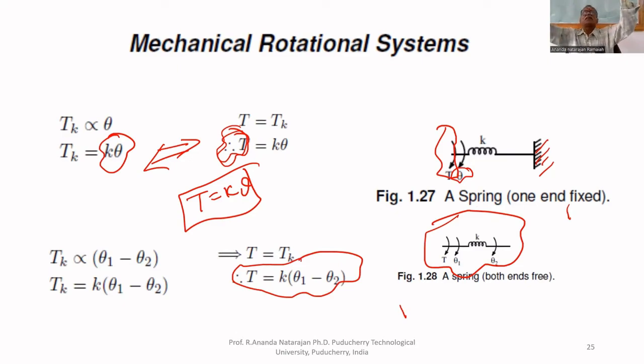One end is displaced by an angle theta 1, the other only by theta 2. Therefore, the net rotational displacement is theta 1 minus theta 2. Therefore, T equal to k multiplied by theta 1 minus theta 2. This is the rotational system.